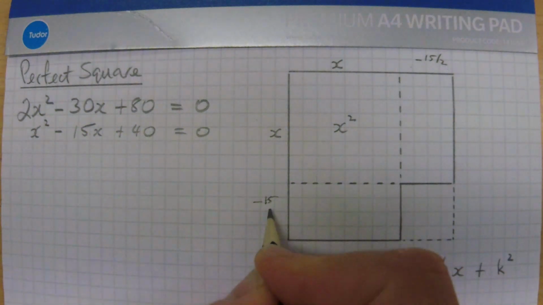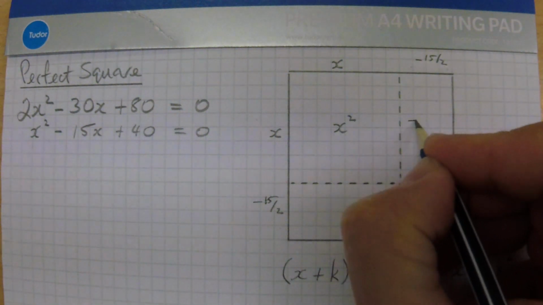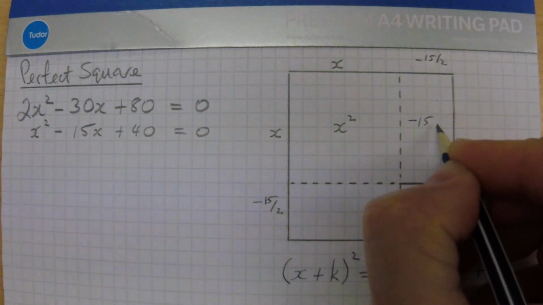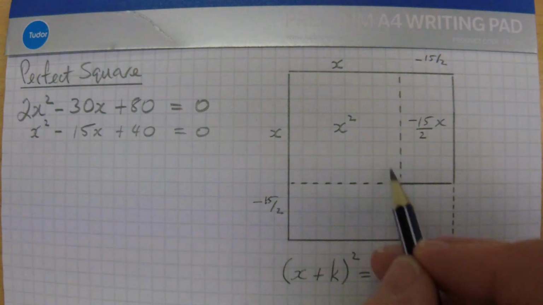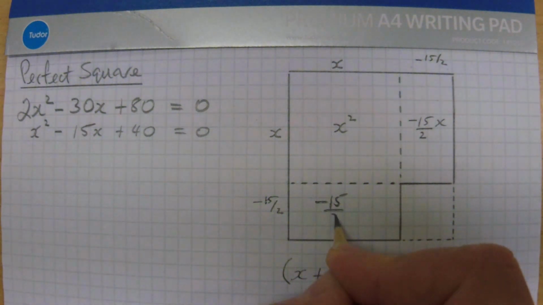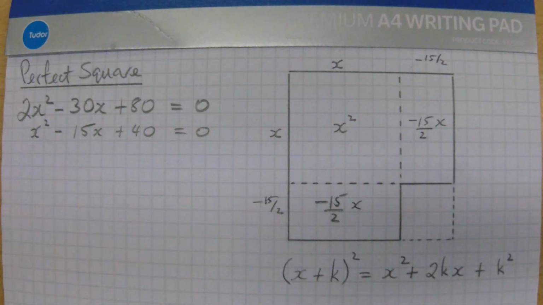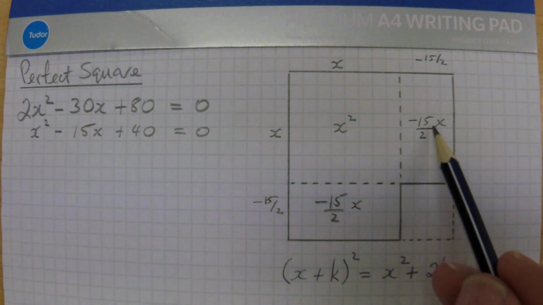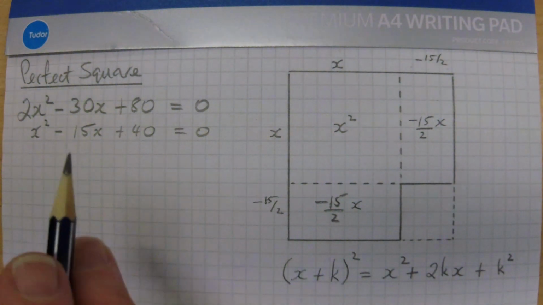So this would be negative 15 over 2 by x as the area of this, and negative 15 over 2 by x for the area of this rectangle. And by the time you add both of them, it's negative 15x.